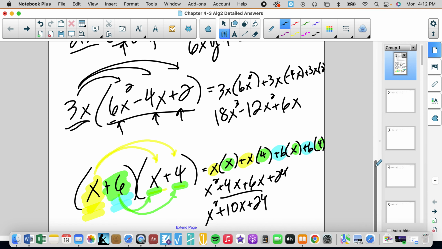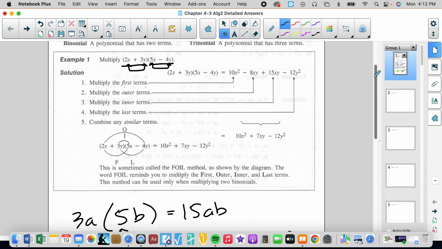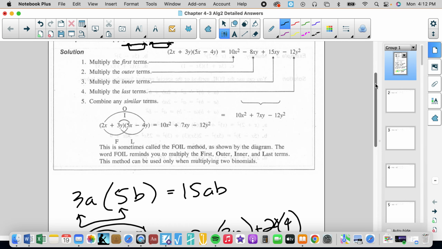Some people teach it as FOIL. You'll see FOIL: firsts, outers, inners, lasts. Looks like a double distribution, no? It is. Your first is always going to be a product.